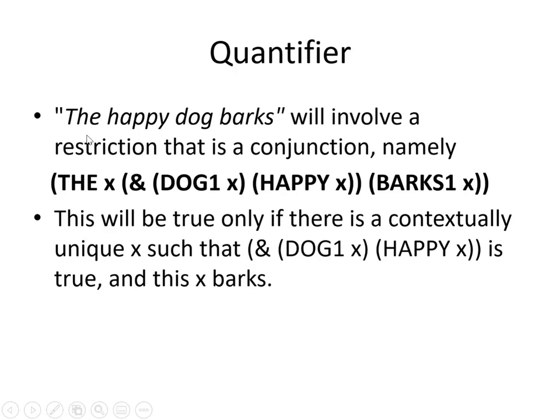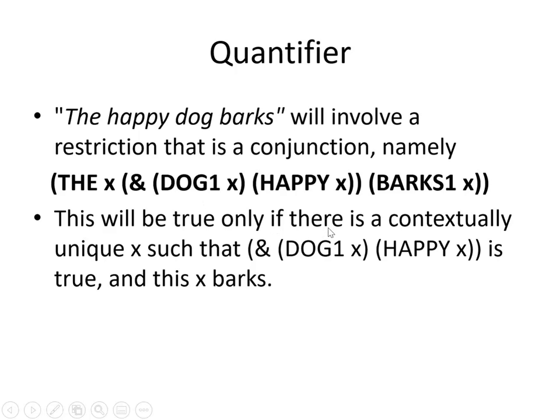The second example, the happy dog barks, involves a restriction that is a conjunction: only the happy dog barks. How will you represent it? The quantifier here is the, and the and operator shows that only the happy dog barks. So you have dog X that is happy, and X barks, all with the.